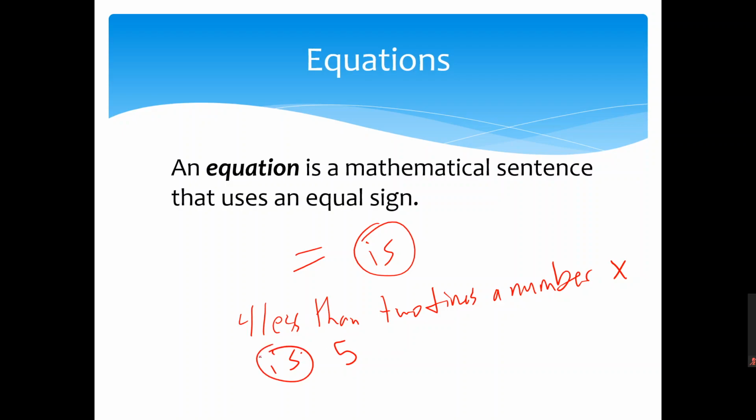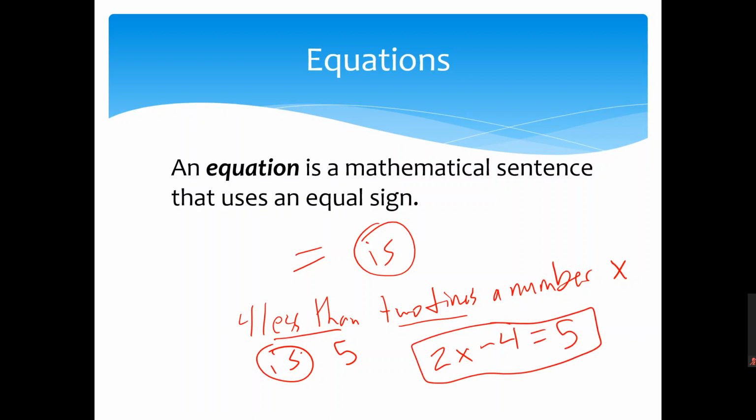Okay, as soon as you see "is," that's where your equal sign goes. Less than means minus. 2 times is going to be multiplication. So our equation would look like this. 2 times the number x, 4 less than that, is equal to 5. So then we'd have the equation 2x minus 4 is equal to 5.